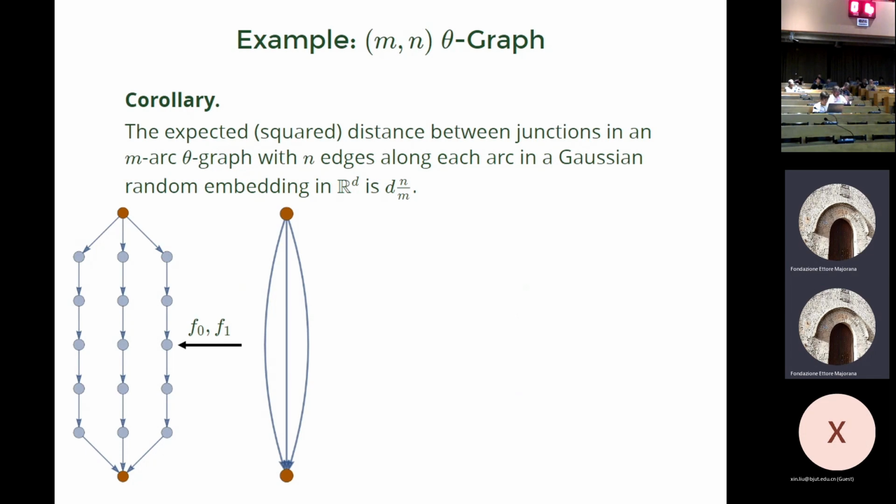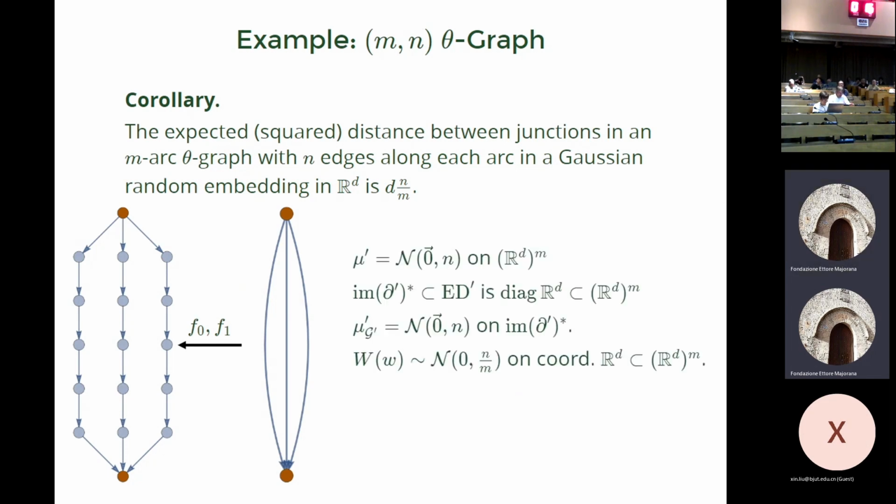Now I embed this thing in R^3 or R^D, where I'm just assuming Gaussian potentials on each of these edges. How far apart are these two junction vertices in my embedding? The answer is D times N over M. How does this work? Well, the distribution on edges is simple.